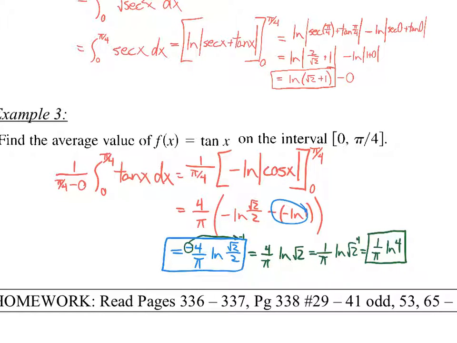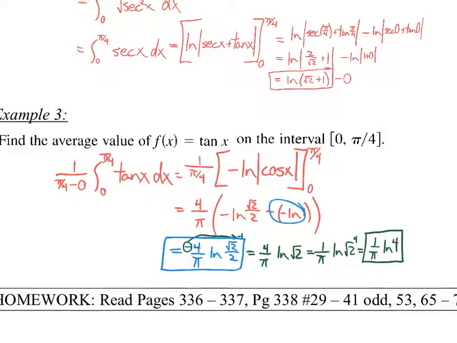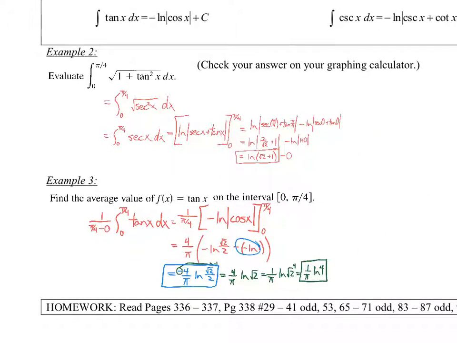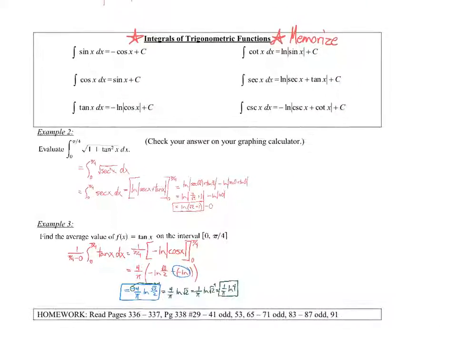So, just some thoughts related to simplifying, but notice we're doing many of the same applications that we did with all of our other integrals. We just now have a couple more rules so that we can do some different functions than we were able to do before.